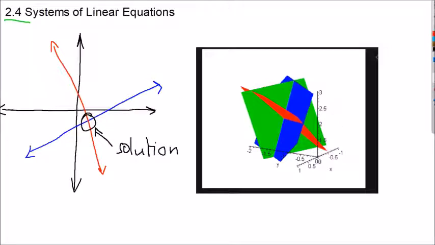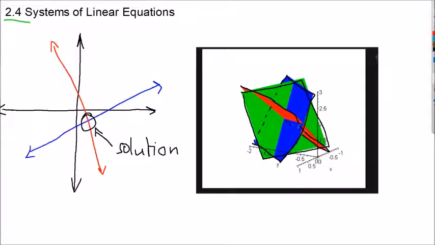And in this picture I got off the internet, there are three planes. One plane right there, one plane right there, and then one plane right there.